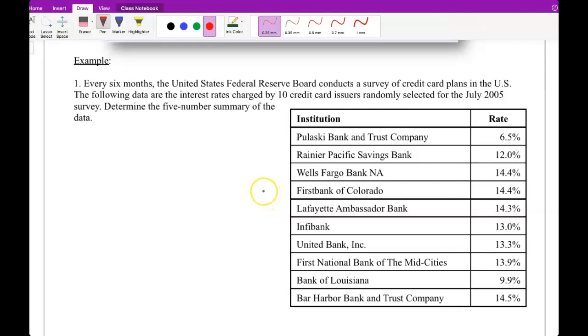We can use the TI-84, or you can use StatCrunch.